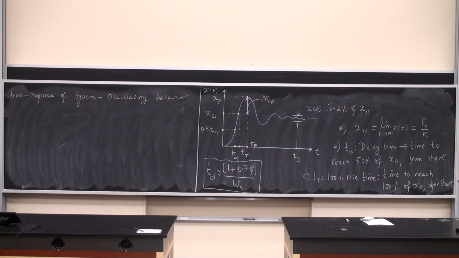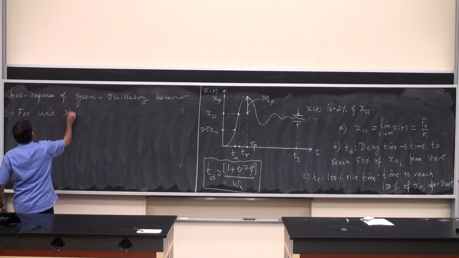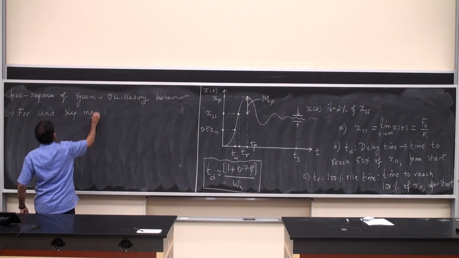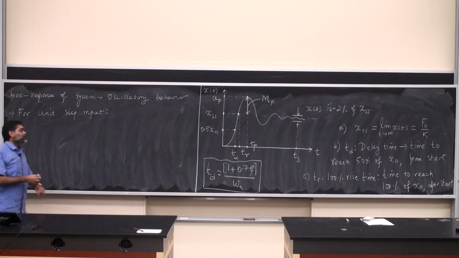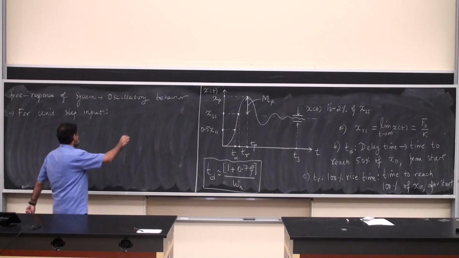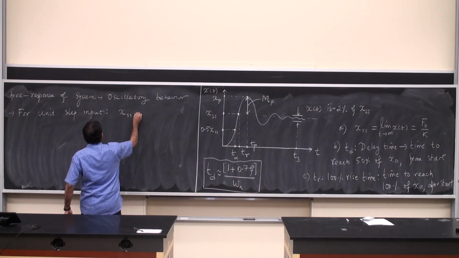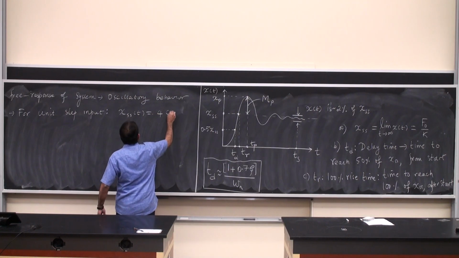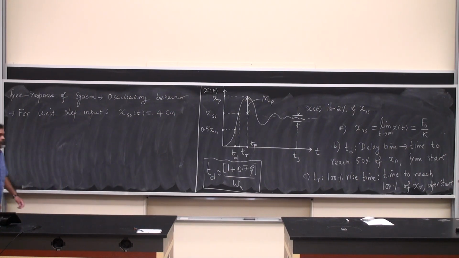Okay? So then they say further that for a unit step input, the steady state value of the system x of t is 4 centimeters. You're told that the percentage peak overshoot is 20%.